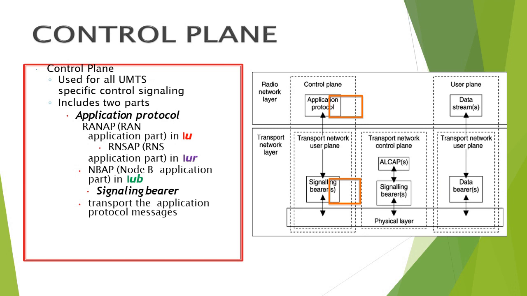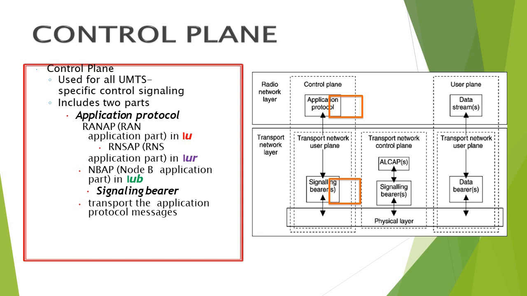Application protocol consists of two: one is for the application part, another one for the base station part. So the application part is for RAN, the radio access network application part, RANAP, and NBAP, which is useful for the Node B part, which is for the IUB interface.